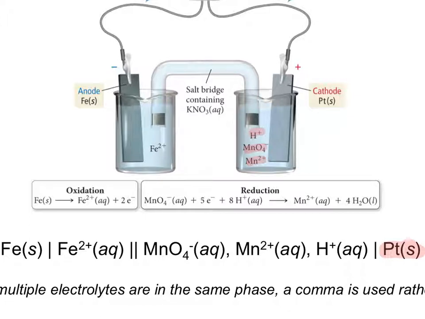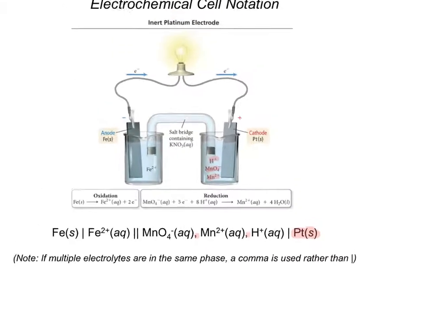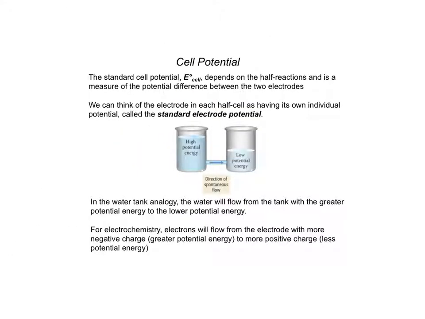So we can't separate those via single lines. Instead, we will separate them via commas. So anything where you have a redox reaction and you have things participating that are in the same phase, you just separate them via commas, as opposed to the solid line when we actually change phase. Okay, that's just a little note. Make sure whenever you're dealing with our shorthand notation that you utilize those conventions.